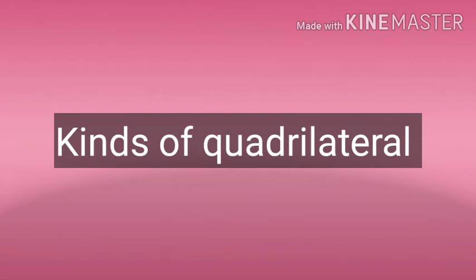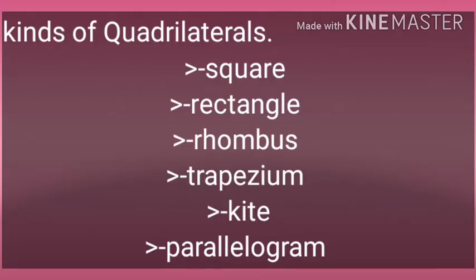Based on the nature of the sides or angles, quadrilaterals get different names. Some of them are square, rectangle, trapezium, parallelogram, rhombus and kite. The major different names are trapezium, parallelogram and kite.